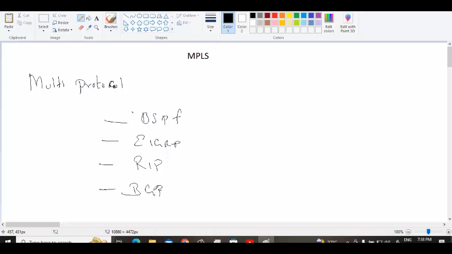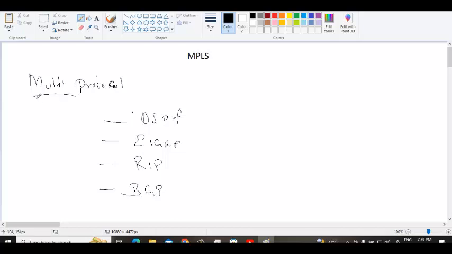Now, with all these protocols, MPLS can work. It can work with RIP, EIGRP, OSPF, BGP. This multi-protocol label switching MPLS can work with any of these. There is no limitation saying this will work only with OSPF. That's why the name multi is given.